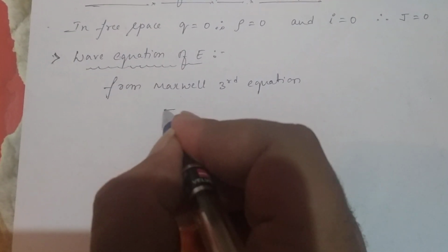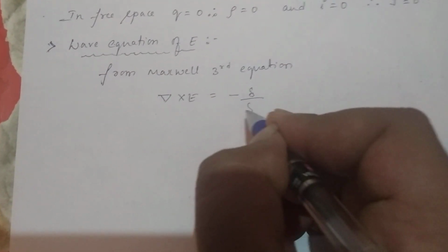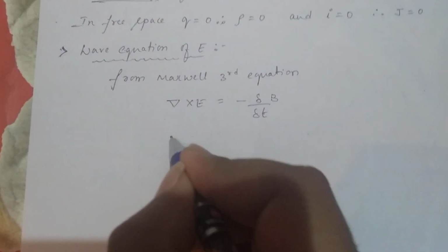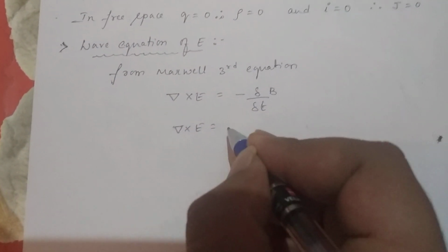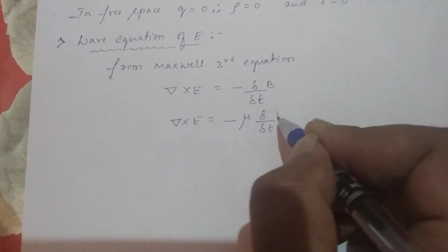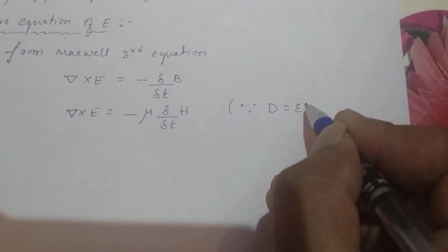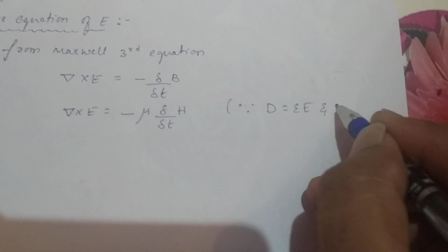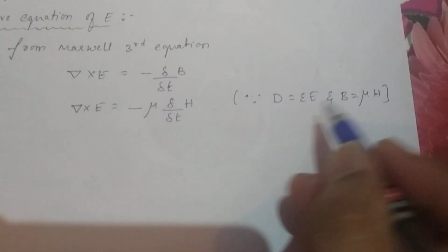From Maxwell's third equation, curl of E is equal to minus dou by dou t of B. Therefore curl of E is equal to minus mu dou by dou t of H, because as we know D is equal to epsilon E and B is equal to mu H, where D is the electric flux density and B is the magnetic flux density.